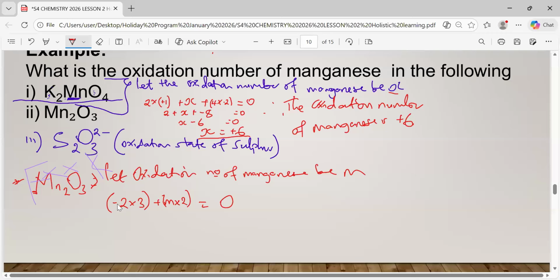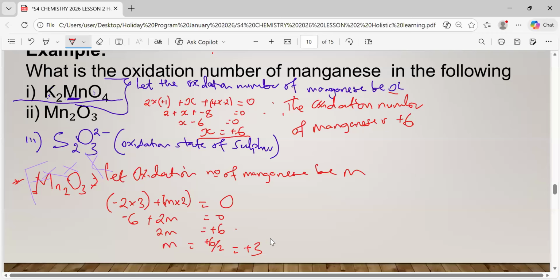So it becomes -2 times 3, which is -6. -6 plus M times 2, 2M, equal to 0, which means 2M is equal to +6. So M will be +3.